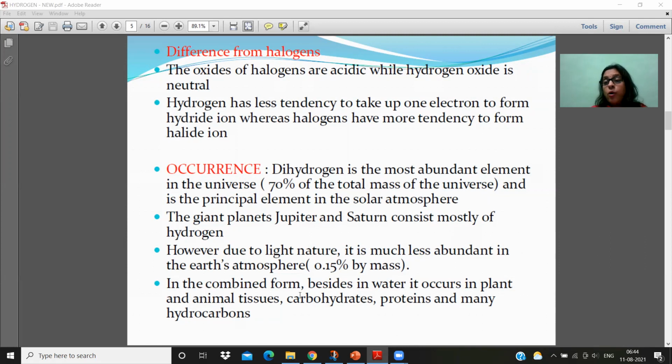In combined form, it is also present in water. It occurs even in plant and animal tissues. It is present in carbohydrates, proteins, and many other hydrocarbons.